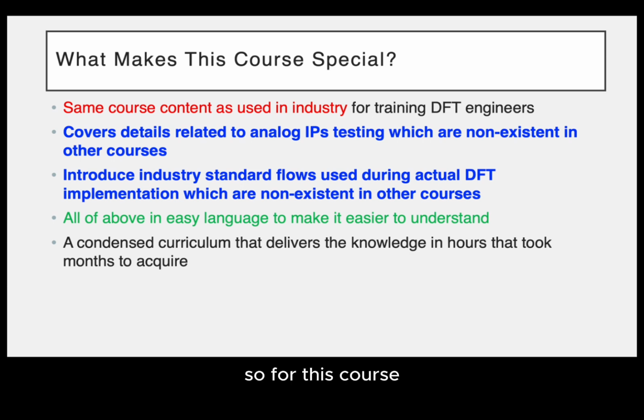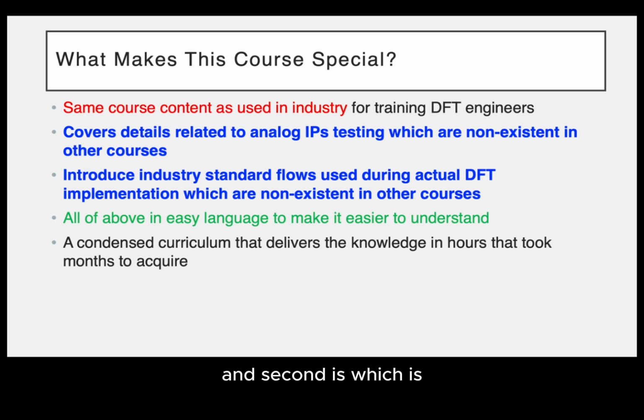So for this course, I have made sure that the content is directly coming from industrial training material. This is the same kind of material which I used in industry when there are new DFT engineers.